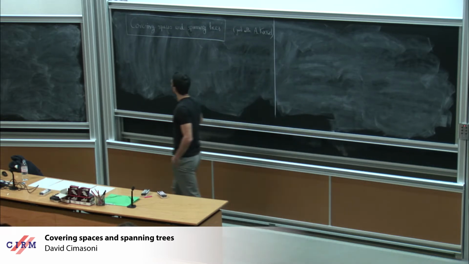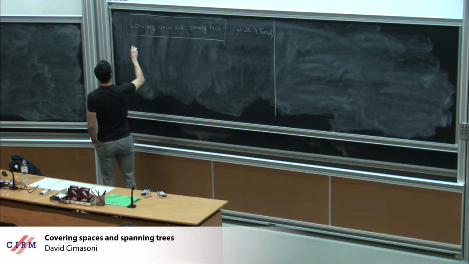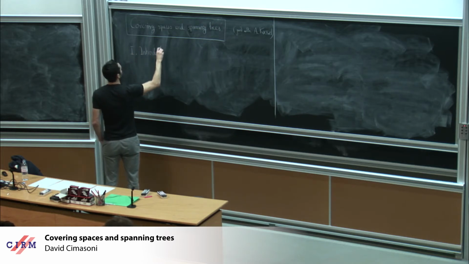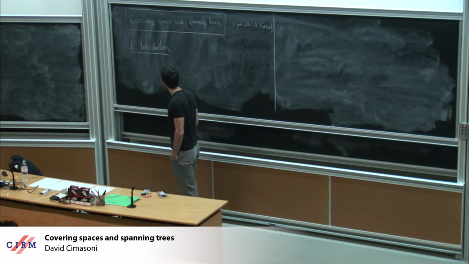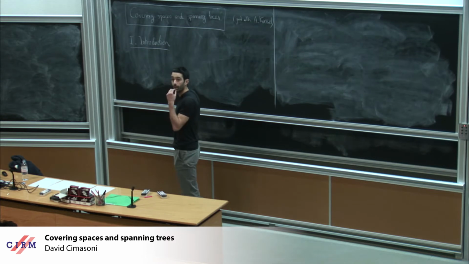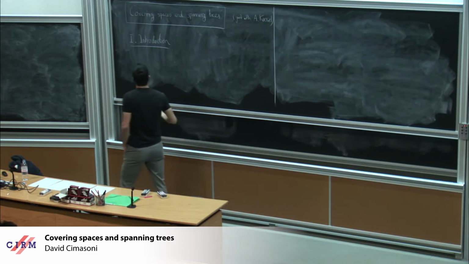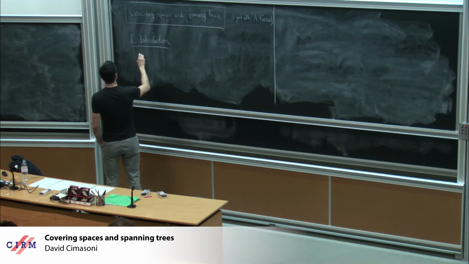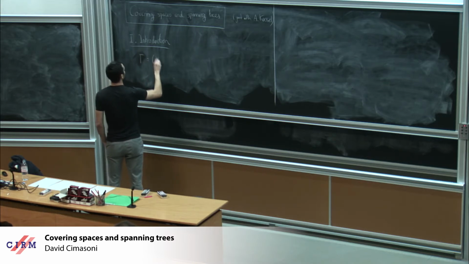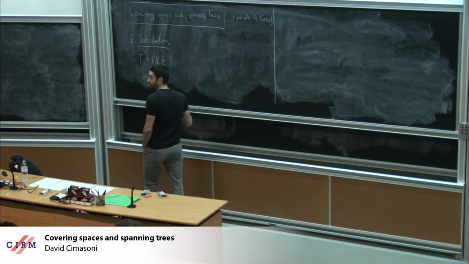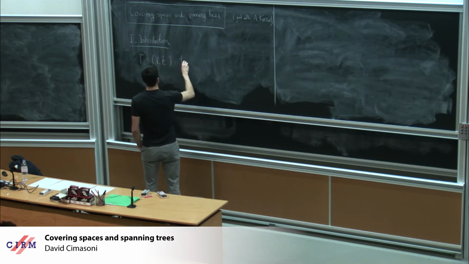So maybe I'm just going to start with an introduction, basically setting up the notations and reaching the theorem I want to show you. Okay, so in all the talk, gamma is going to be a finite graph. V is for the set of vertices, E for edges, so it's a finite connected graph.